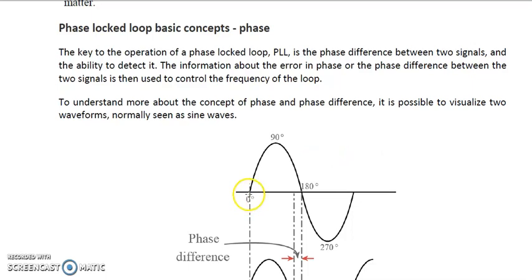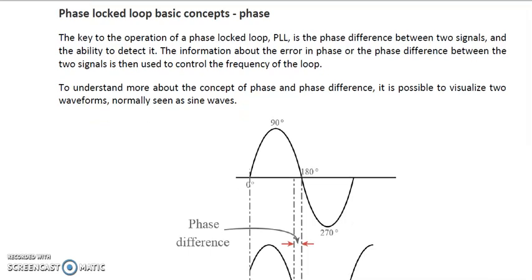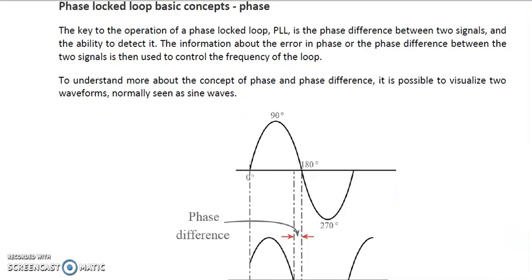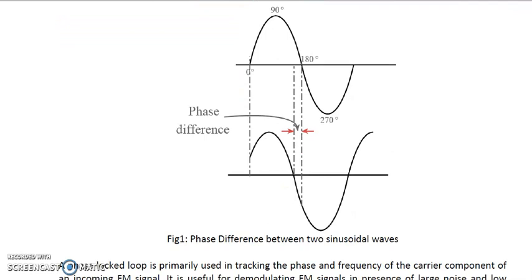In this diagram, the indications of 0 degree, 90 degree, 180 degree, 270 degree are phase angles for a single sinusoidal wave. And what is phase difference?